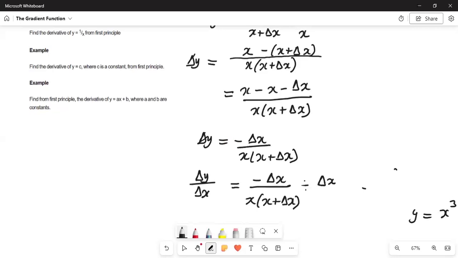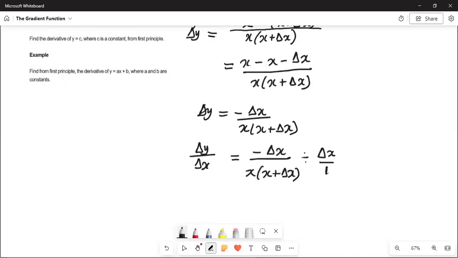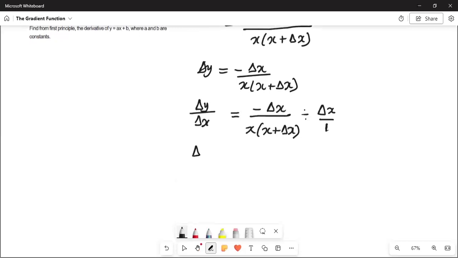I intentionally use division instead of over so I can point out what I want to point out there. I'm dividing by a fraction, and when you divide by a fraction, the sign of division will change to multiplication. So this delta y over delta x is equal to negative delta x over x times x plus delta x, times 1 over delta x.